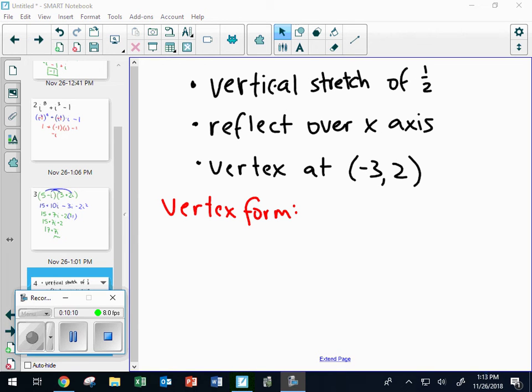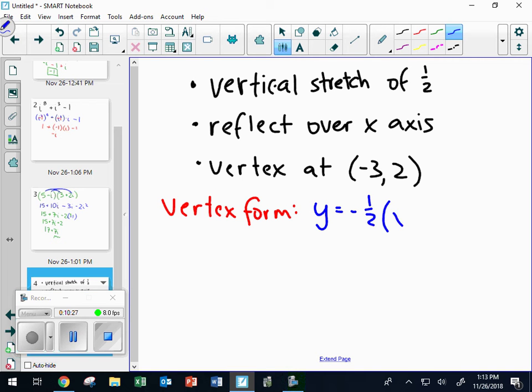All right. From here, if I ask row 5, person 2, Oliver, could you tell me what you got for the vertex form here? Okay. One thing that I loved the best about that response is this y equals.